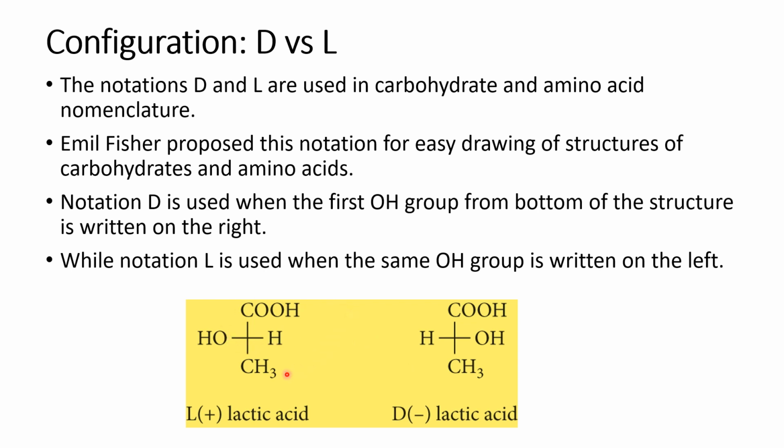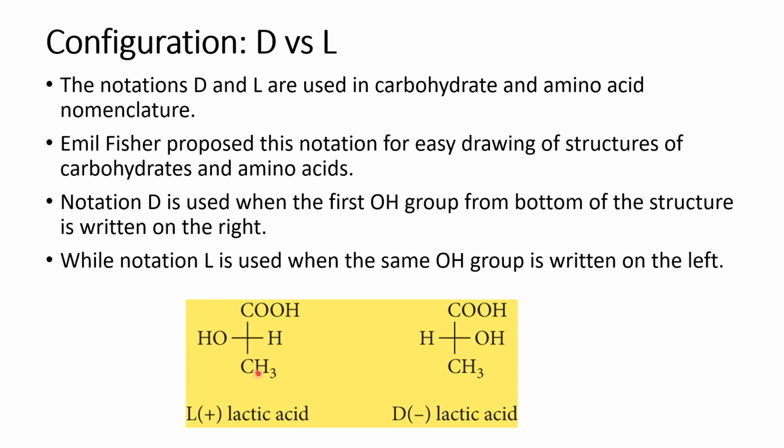So let us see the structure of lactic acid. Again, in lactic acid, the first group at the bottom is methyl, and so the carbon which comes first from the bottom has the OH group. The position of this OH group helps us to write the structure of the molecule.